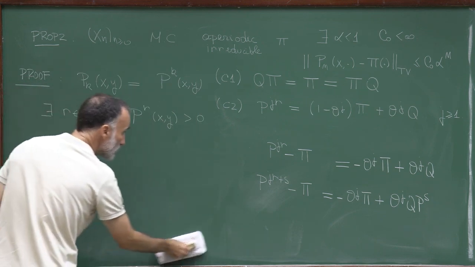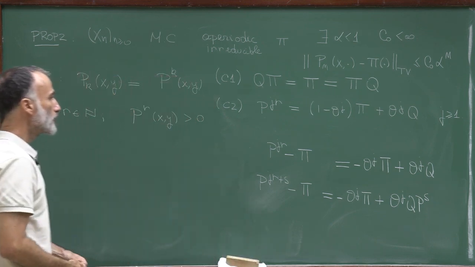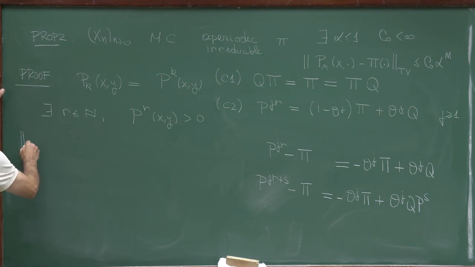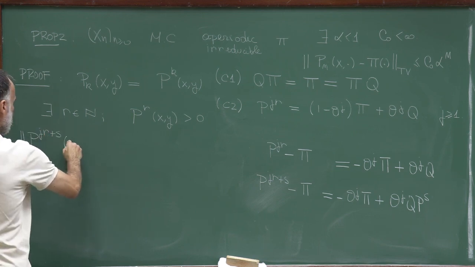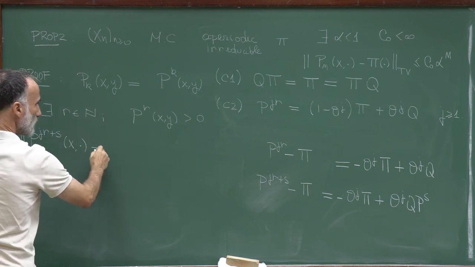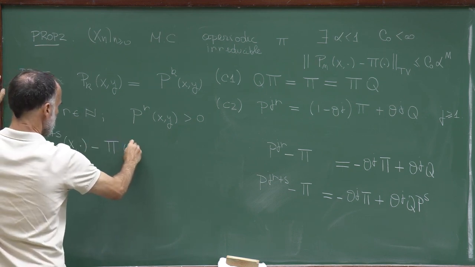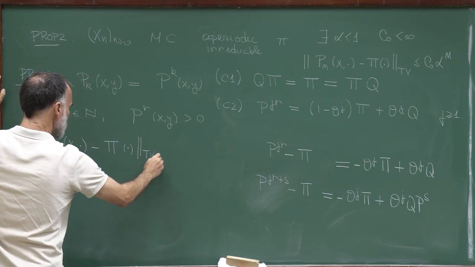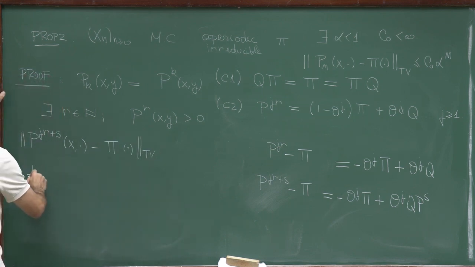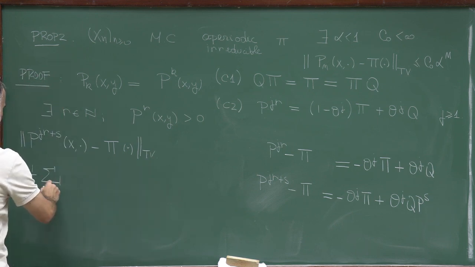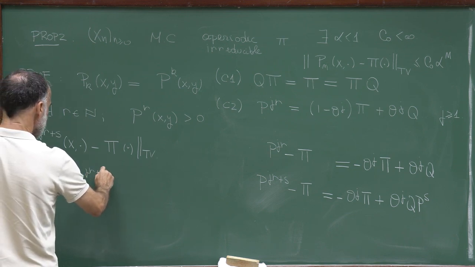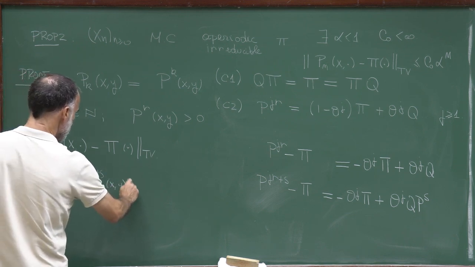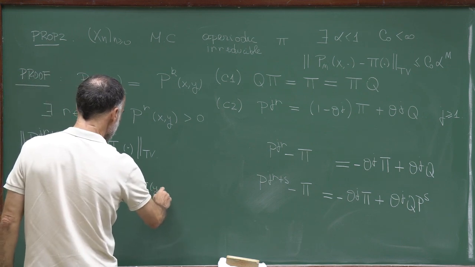So now we are ready to obtain a bound on the total variation distance. I want the total variation distance between P^(jr+s) starting from x and pi. So this is equal, as we have seen, to 1/2 the sum over y of the absolute value of P^(jr+s)(x,y) minus pi(y).